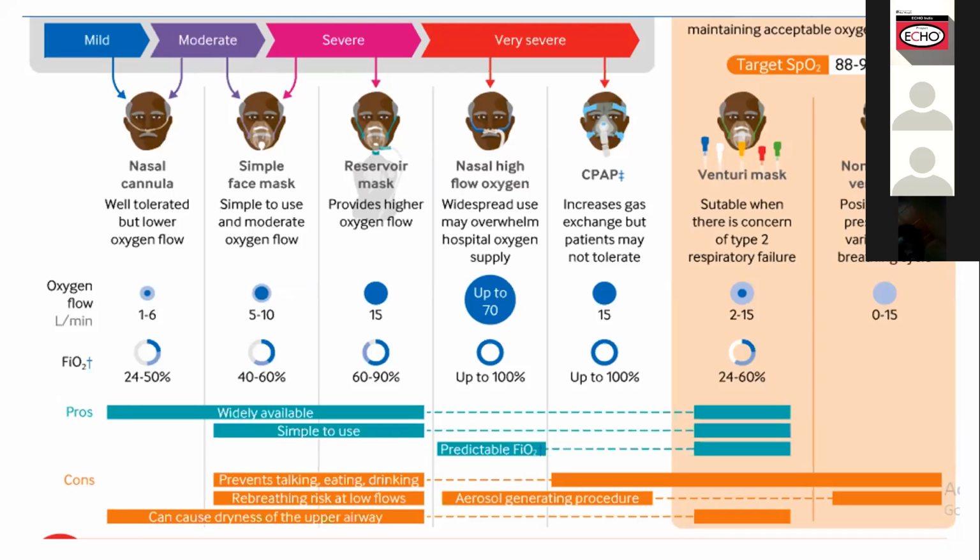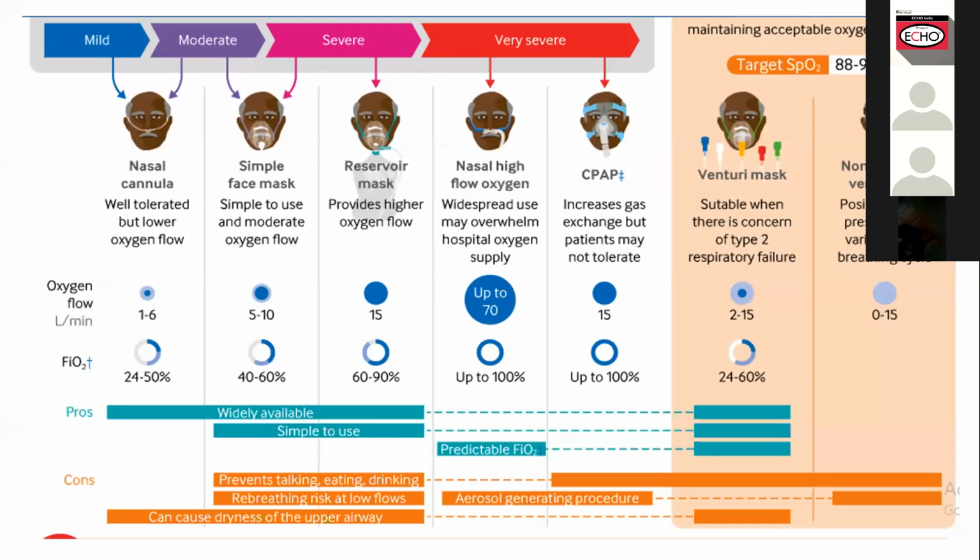For moderate to severe disease, if the nasal cannula is not helping you reach your targets, you can move up to a simple mask from 5 to 10 liters. And if you can't achieve your targets with the simple mask, you move up to a mask with a reservoir, and with this you can give from 10 to 15 liters.